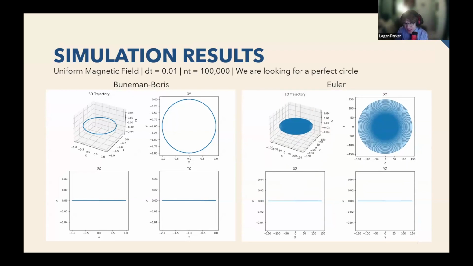Not quite the perfect circle we're looking for. On the y-axis it goes from 150 to -150, and the same for x. So Euler spirals out, while Boris gives us the results we are looking for, and that's why we went forward with the Boris scheme for the rest of the project.